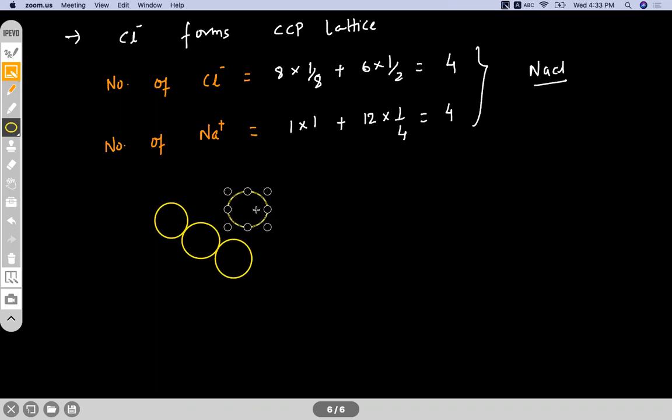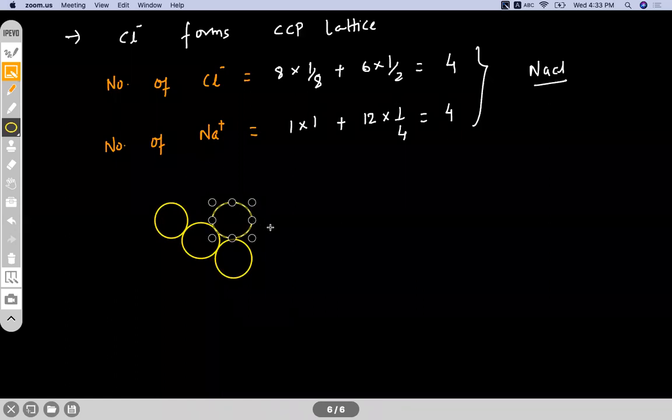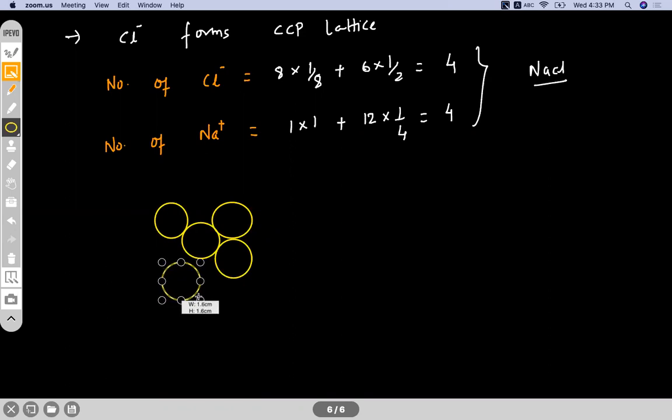I'm just drawing one face here. This is the face of the unit cell, right?